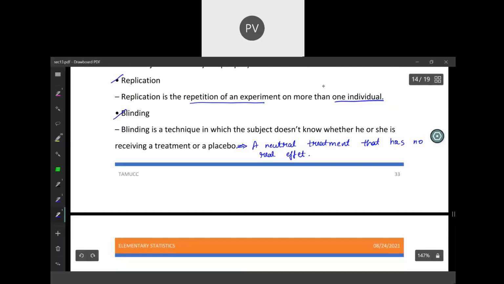What is blinding? This technique is very useful. The subject is a person who is involved in the study. A person will not know whether he or she is receiving a treatment. That is called the blinding technique.